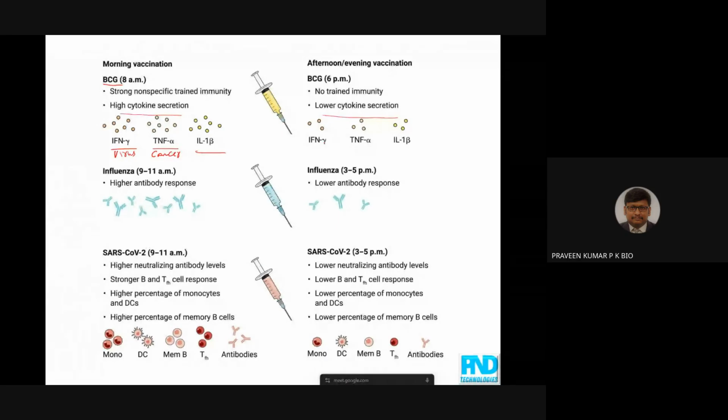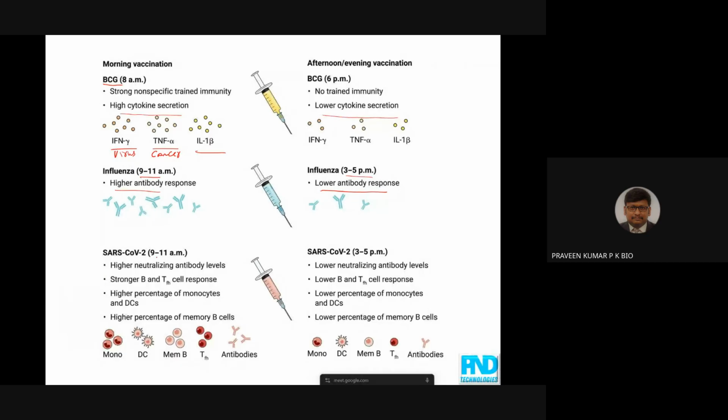So combating a virus or cancer is more difficult if you take it in the evening. This is why doctors generally ask us to come in the morning for the vaccine. Similarly, for influenza, at 9 to 11 a.m. we find a higher antibody response, and if it is taken in the evening, at 3 to 5 p.m., a lower antibody response.